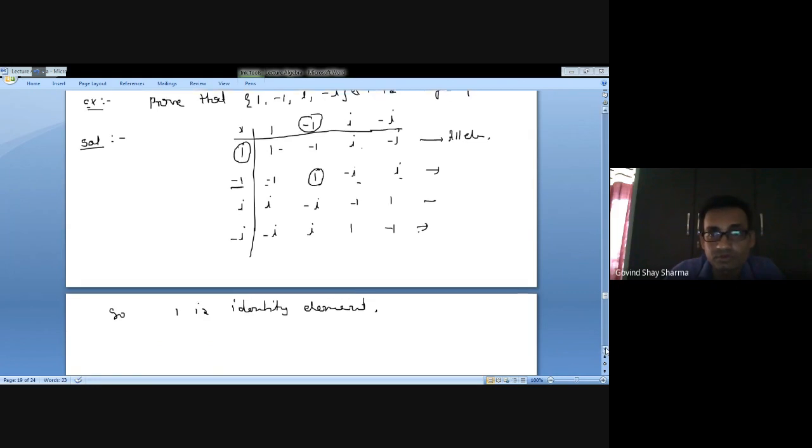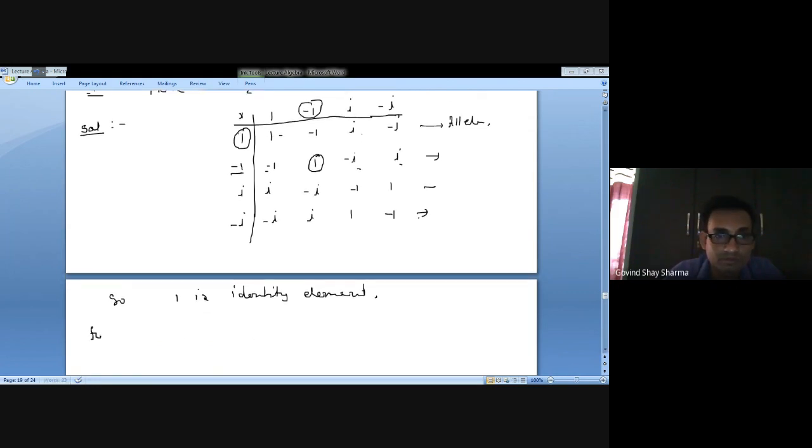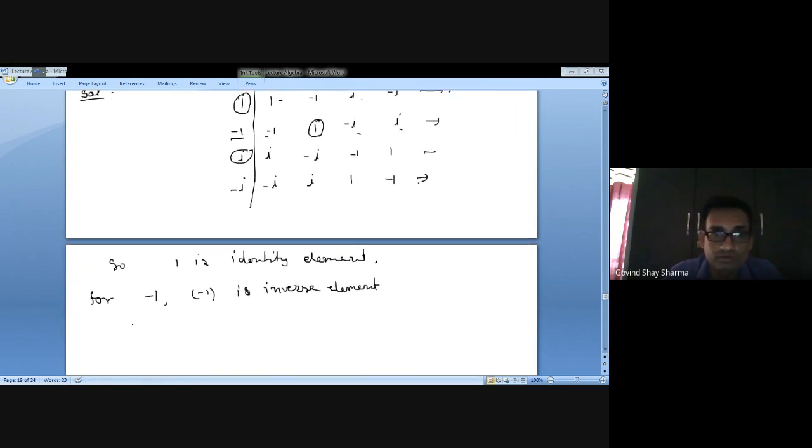So for iota, minus iota is the inverse element.